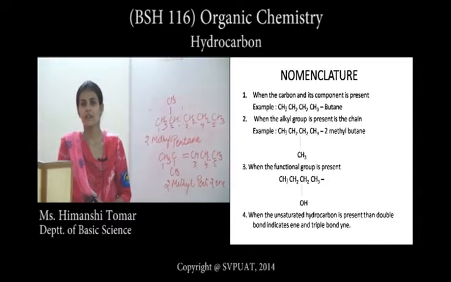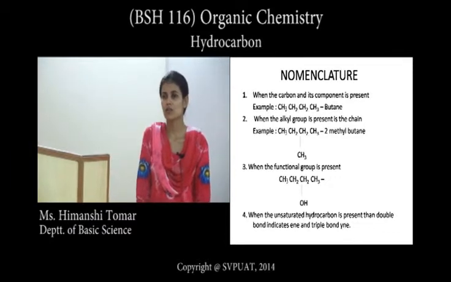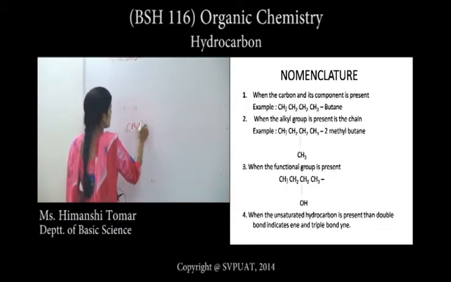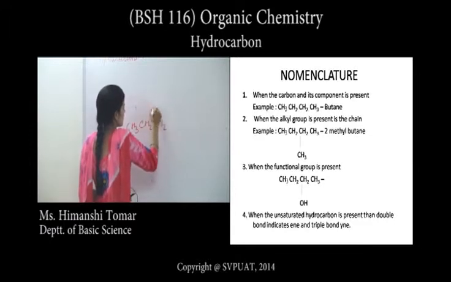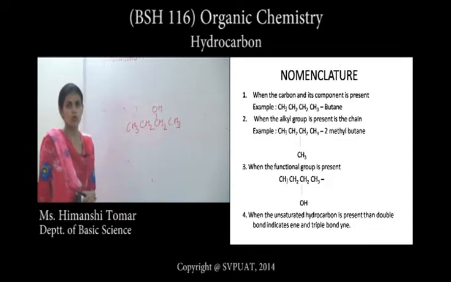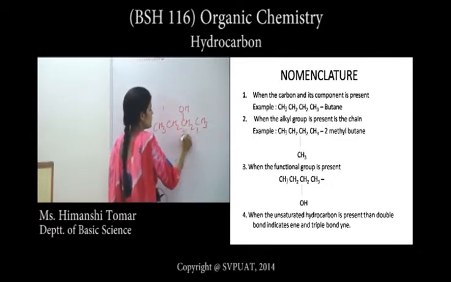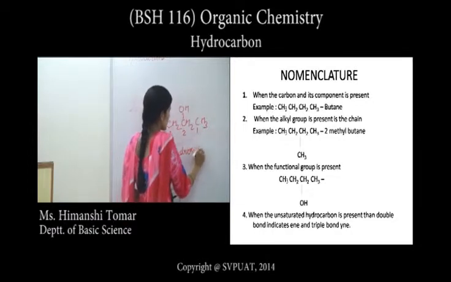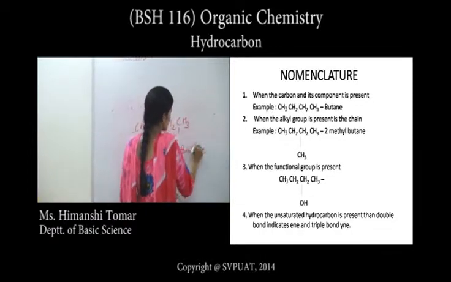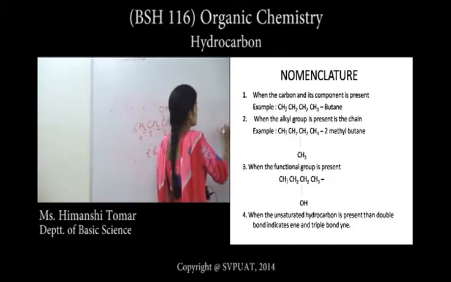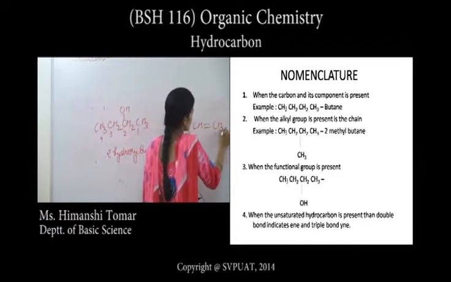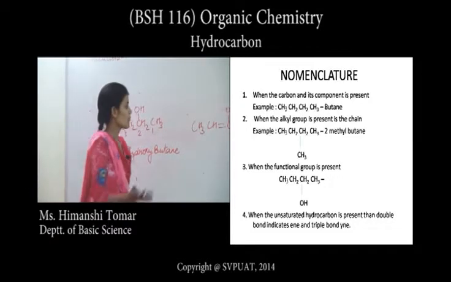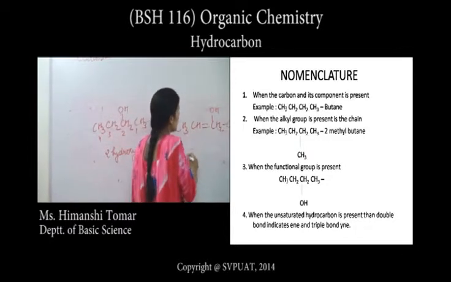Now, if we have any functional group in this chain, like an alcohol group added to the chain, then we give preference to the alcohol group and count from the alcohol side: 1, 2, 3, 4, 2-hydroxybutane. If a double or triple bond is added to this series, CH3, CH, CH2, OH, CH3, then we give preference to the double or triple bond over any functional group.